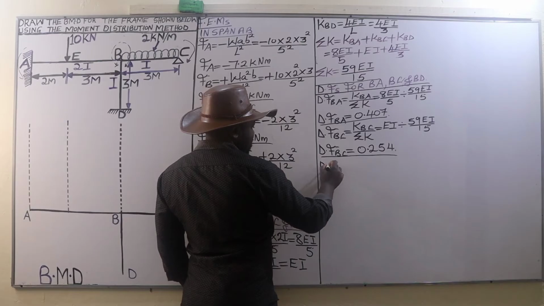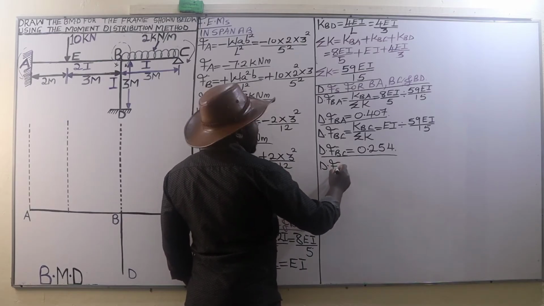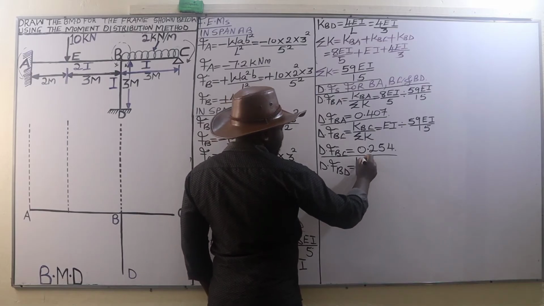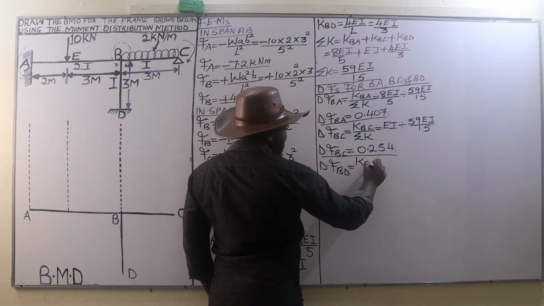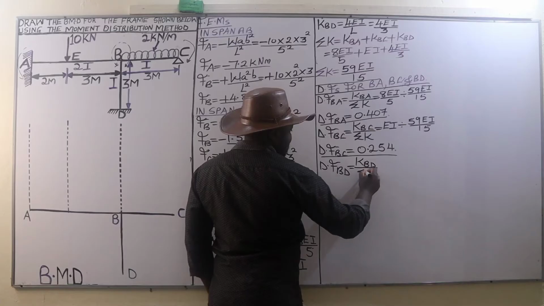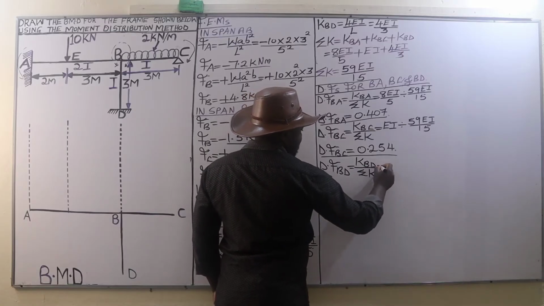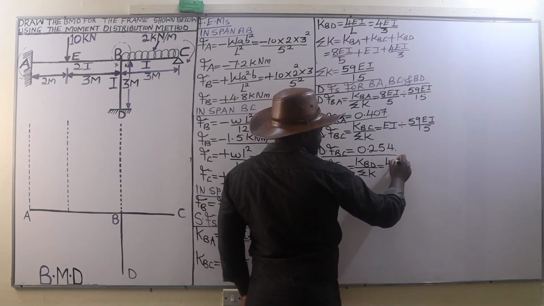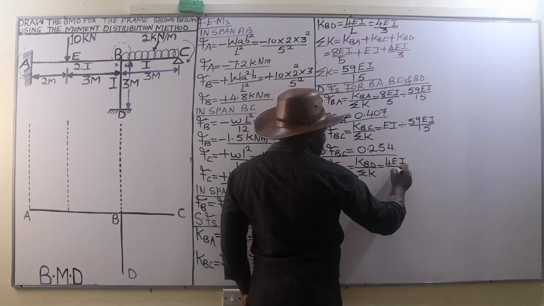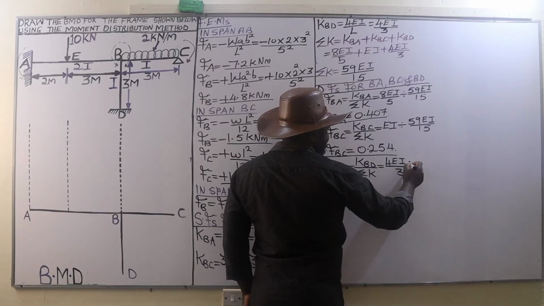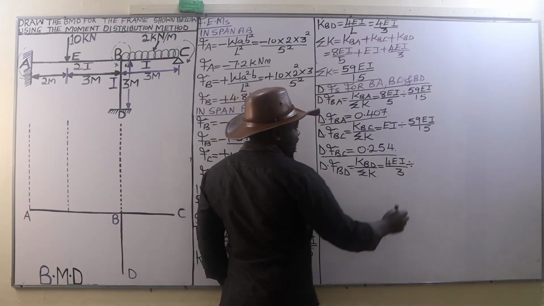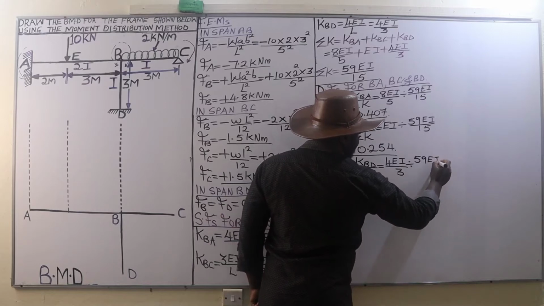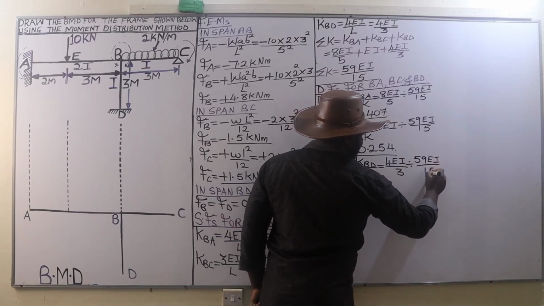Finally, the distribution factor for member BD is the stiffness factor for BD, 4EI divided by 3, divided by the summation of stiffness factors, 59EI over 15.